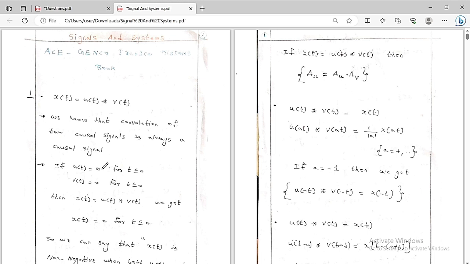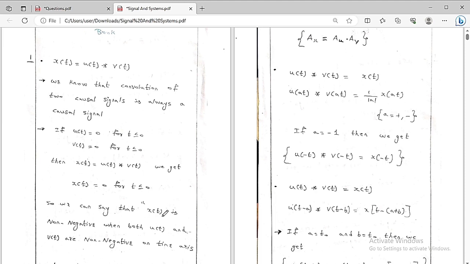So if you convolve two causal signals, the resultant signal is also causal, meaning its value is 0 for t less than 0. There are no values on the negative time axis, so the resultant also has no values on the negative time axis.